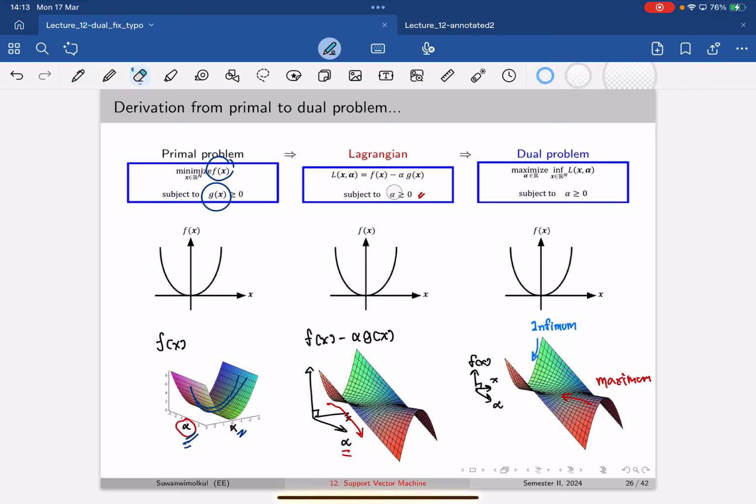In this case, you can see that your alpha value is constrained to be greater than 0. And if originally your constraint has a value of greater than 0, this means that you are having a convex function negated with some affine term.